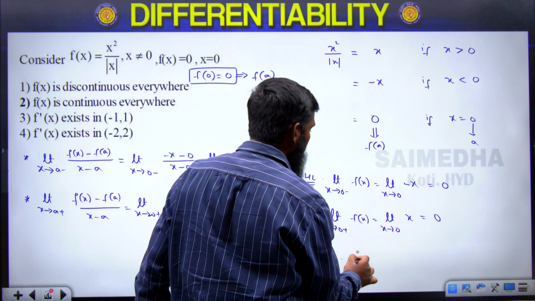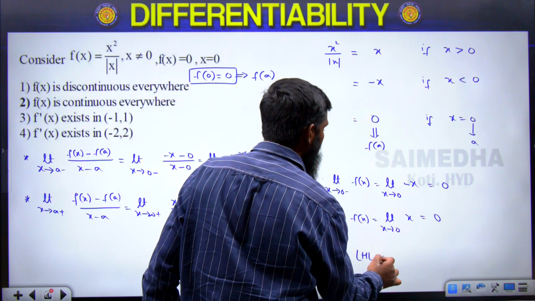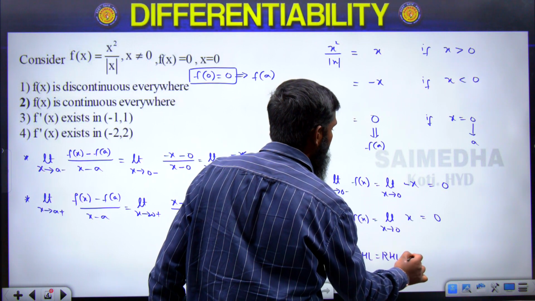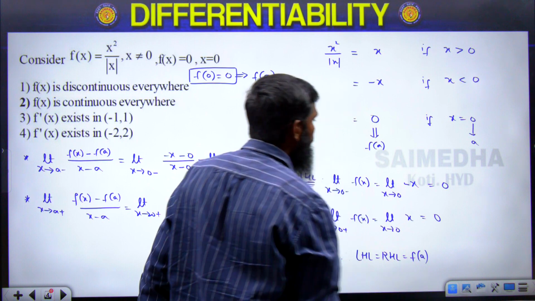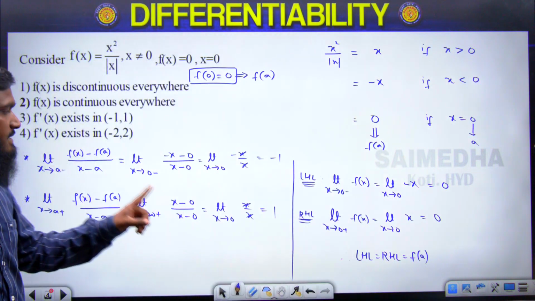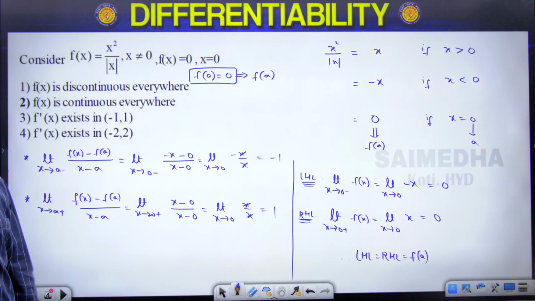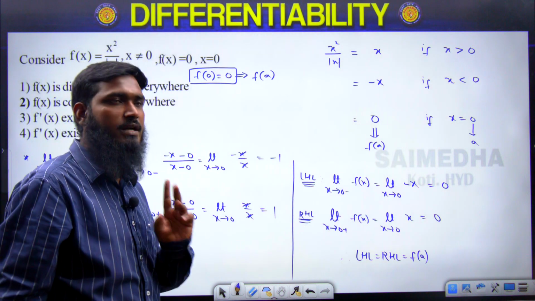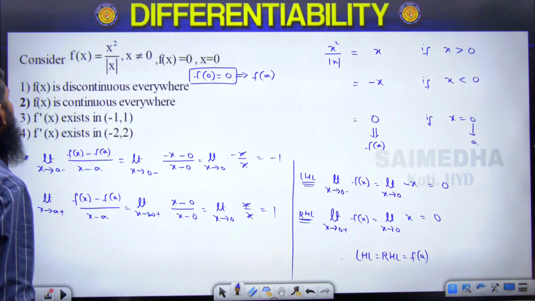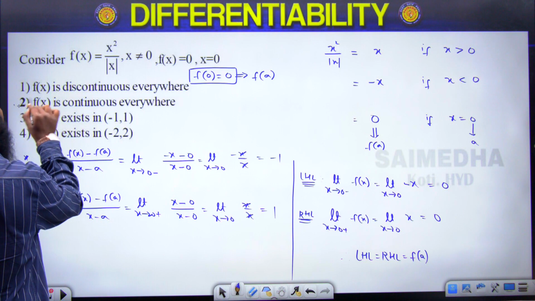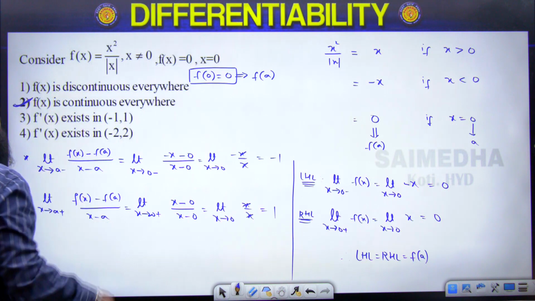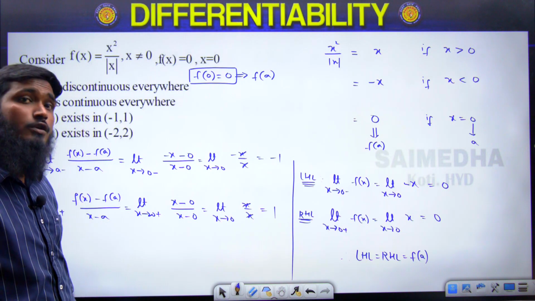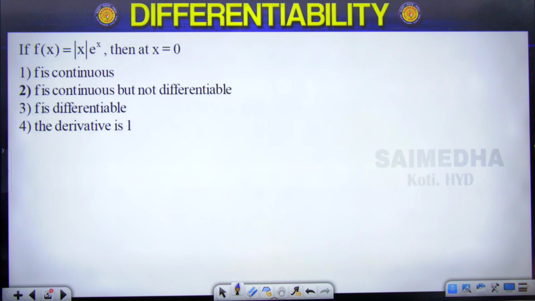Therefore LHL is equal to RHL is equal to the function value, which means the function is continuous but it is not differentiable. Okay, you have to consider this condition over here. So f of x is continuous everywhere, which means option number 2 is correct. Now let us go for the next question.